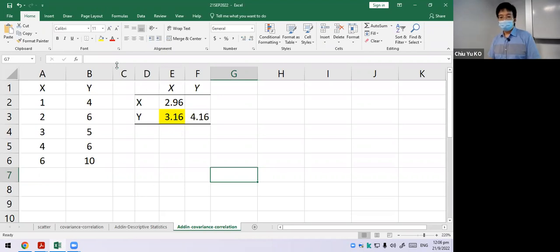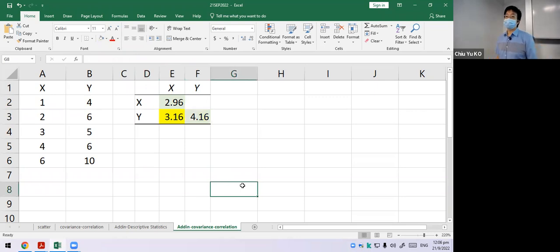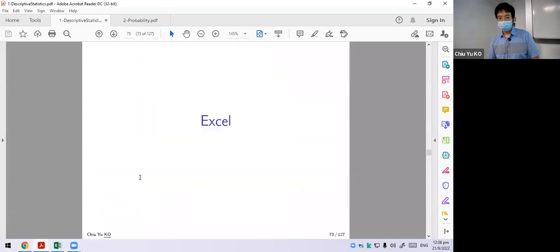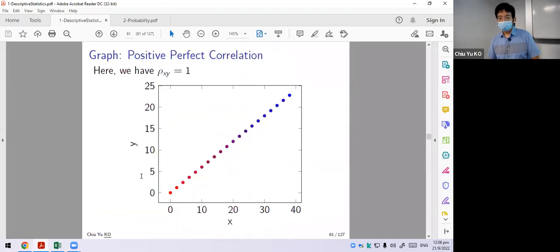The next thing you would be interested in asking is, what are these green objects here? If you go back to the definition of covariance: how do we define covariance?